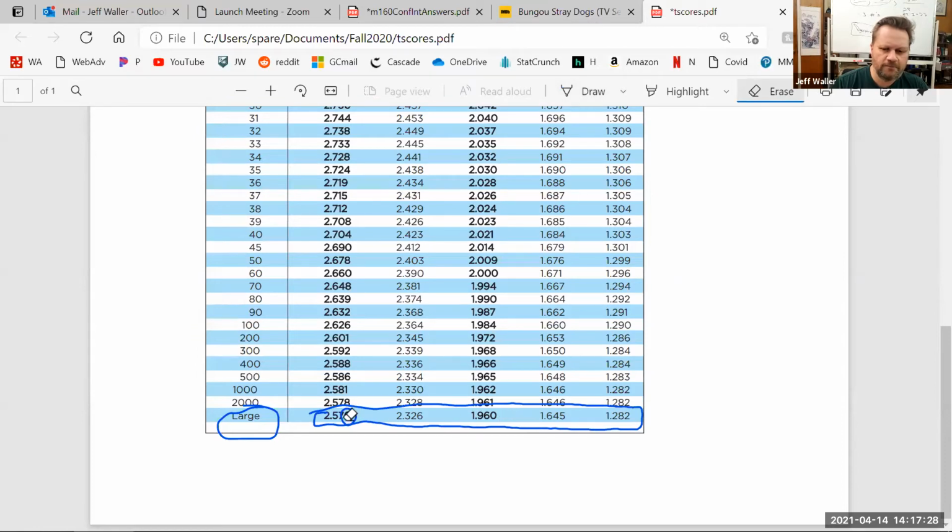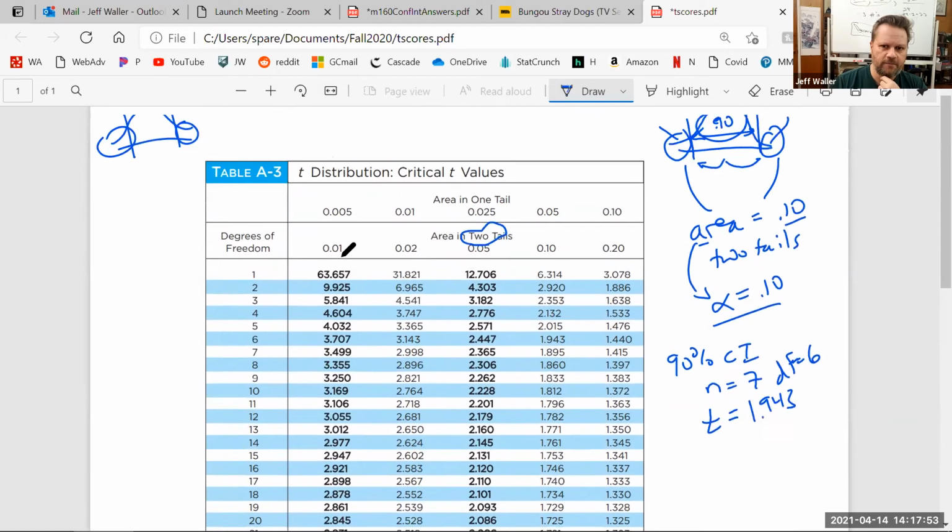That was for the 99% confidence. Exactly. And why does it make sense that this is here? Because 99% would be, what would alpha be for 99% confidence? There's 99% inside. How much is outside? 0.01. Exactly. And see what the column is? 0.01.